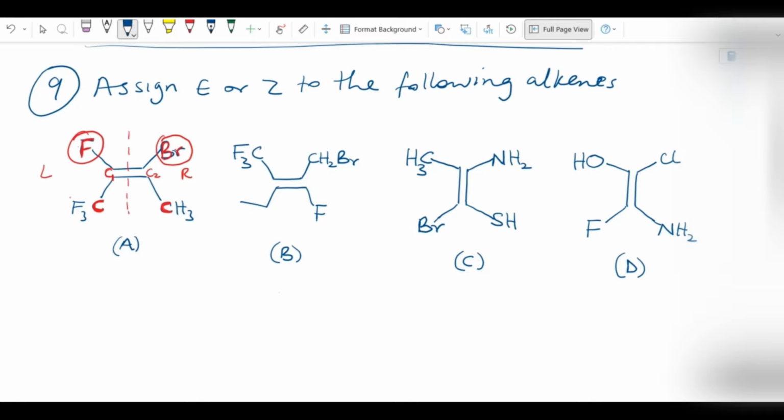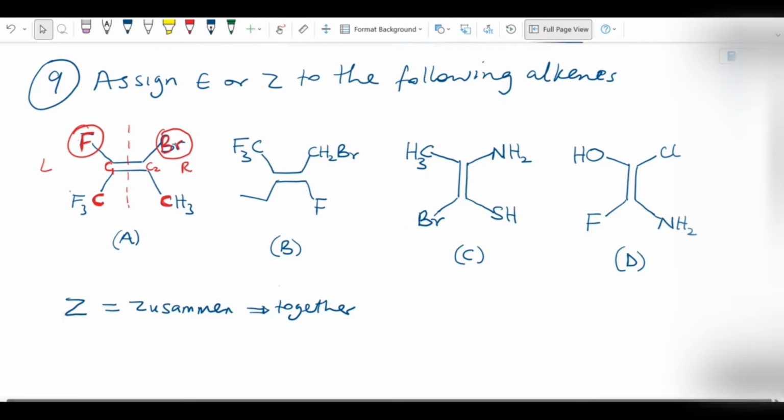we'll assign Z. Z is derived from the German word zusammen, which means together.